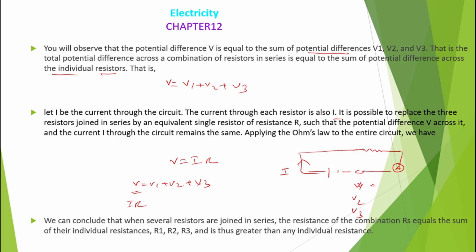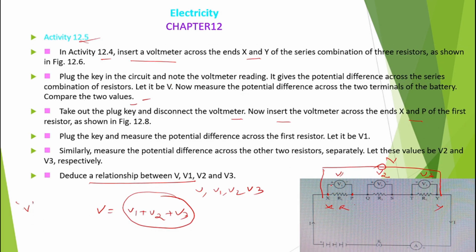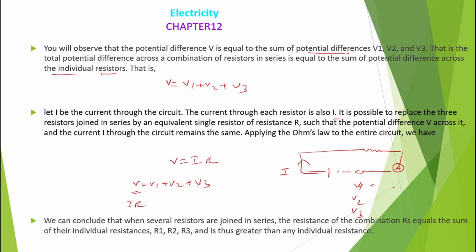So we are connecting them separately. Here this is V1, V2, V3. So I is constant, and R1 is resistor 1, according to Ohm's law. So current is constant, and resistance 2, according to Ohm's law. For V3, I is constant, current is constant throughout the circuit, and R3 is the resistance.